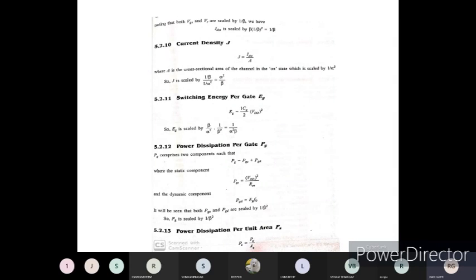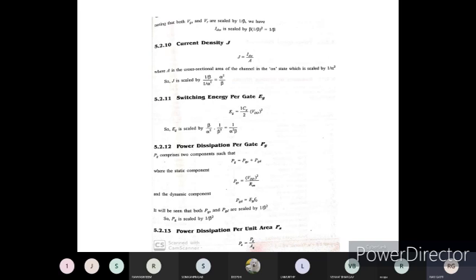So 1 by beta whole square, because VDD square is there. Therefore beta divided by alpha square into 1 divided by beta square. One beta in the numerator and one beta in the denominator cancel out. So the scaling factor for switching energy per gate is Eg equal to 1 divided by alpha square into beta.